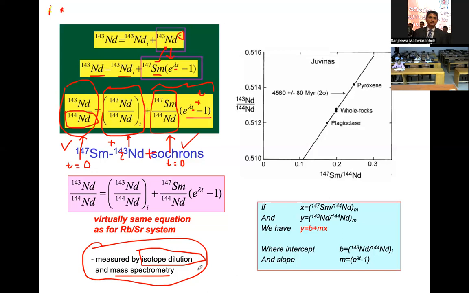Sometimes you can't digest zircon-like minerals, but there is still a possibility to digest zircon if you use a high temperature furnace, a kind of fusion technique.